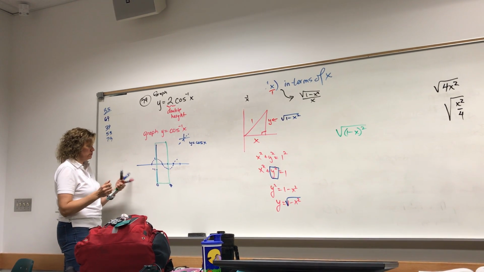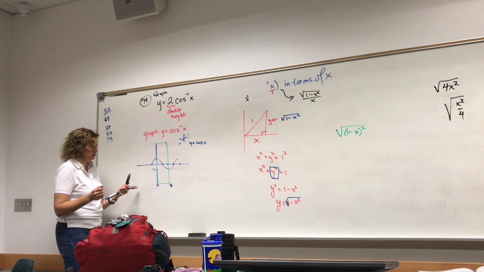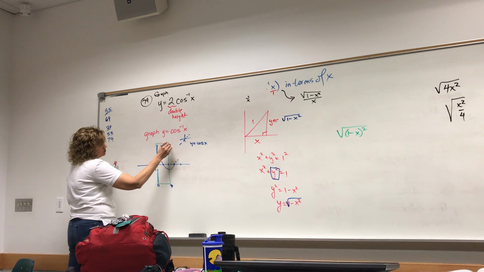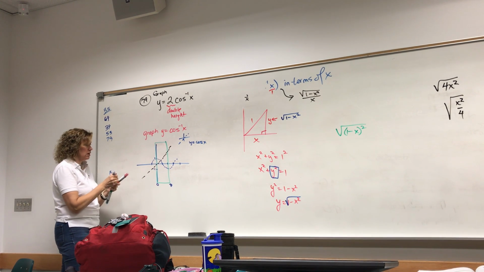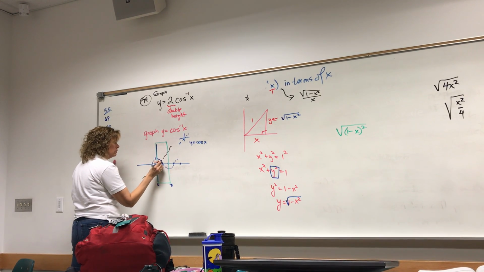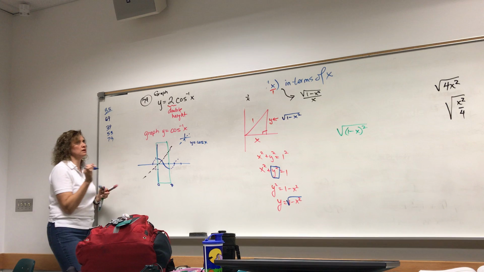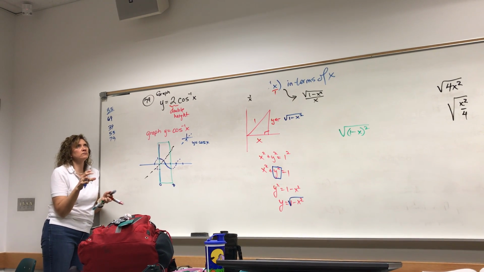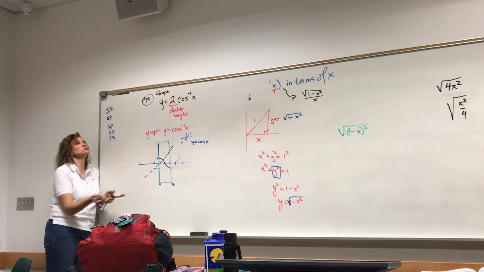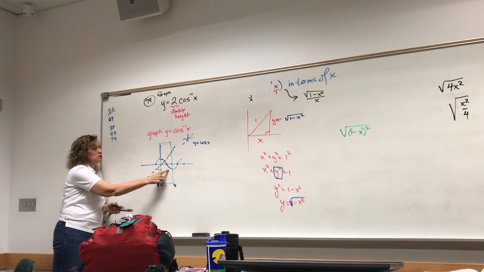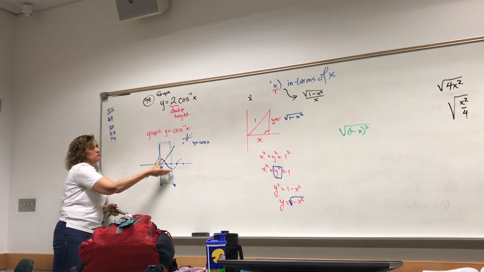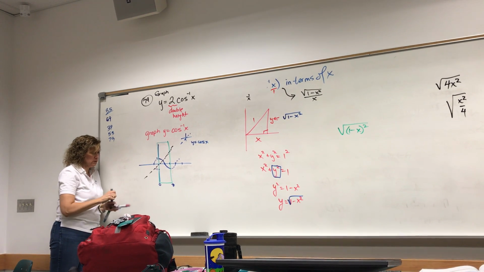Now we're going to color. That blue portion is the restricted domain of the cosine curve that we are going to reflect. Okay, so this is cosine. We want inverse cosine, so we're going to reflect it over the line y equals x.